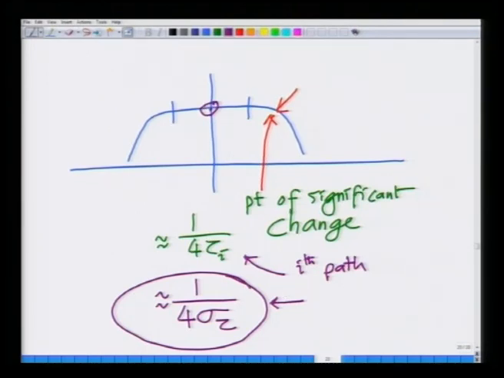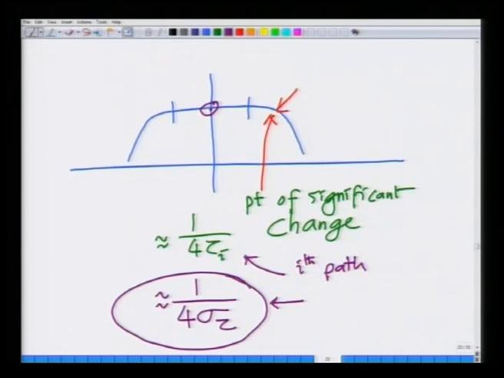Now, you can also say before this point of significant change, the frequency response is approximately flat and it starts falling after this point of significant change.